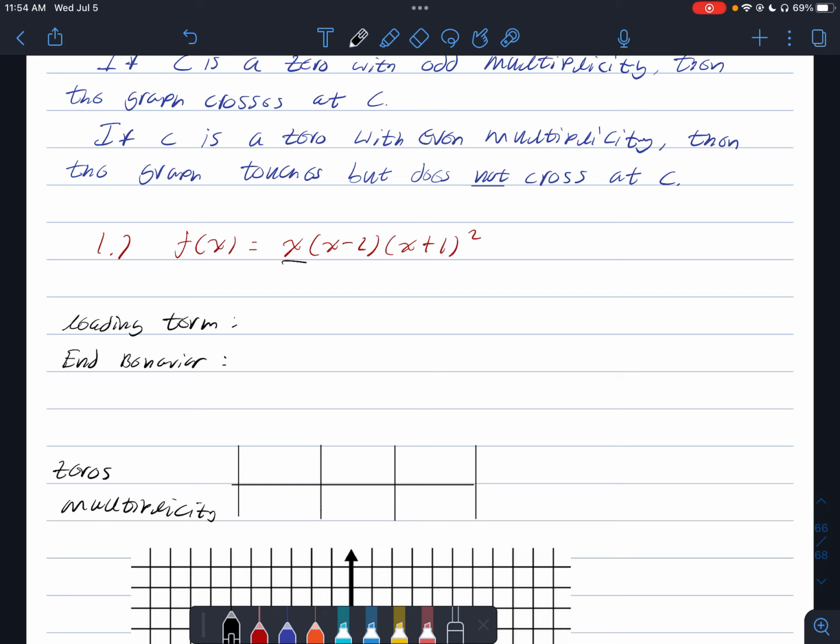But the good news is you don't actually have to FOIL this function out entirely, okay? All you have to do is think about if you were to FOIL all of these together, what would your highest degree term be? In this case, we would have x times another x, and then times that x again, because we have x times x minus 2 times x plus 1 times x plus 1.